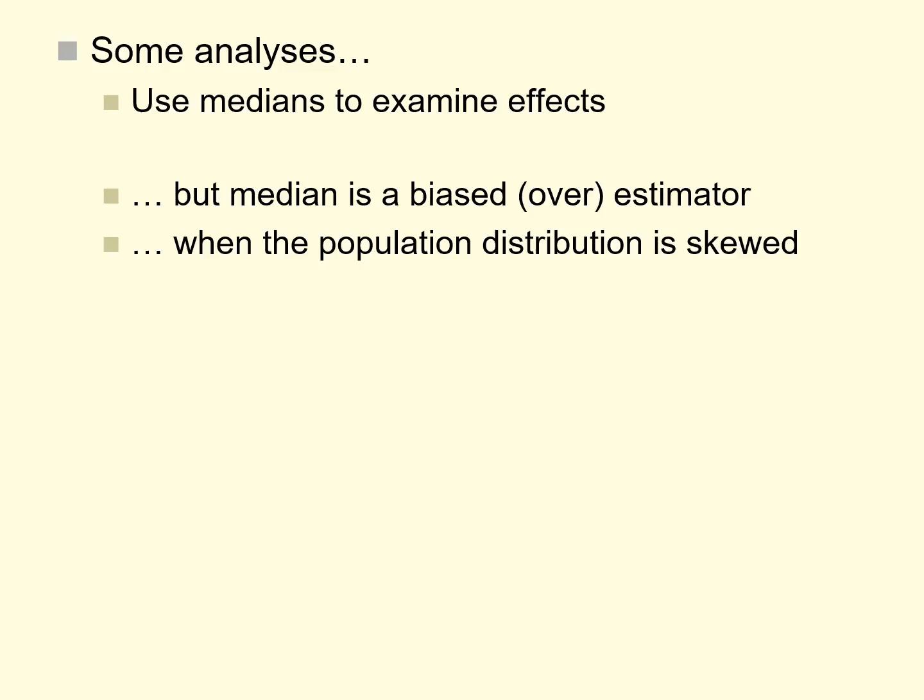In fact, I didn't do this, but you can with that simulator that I linked to. You can make the population distribution skewed, and then you can actually see this yourself. If you try to create sampling distributions for the median, the center of that sampling distribution for the median is going to overestimate the center of the population distribution if that population distribution is skewed.